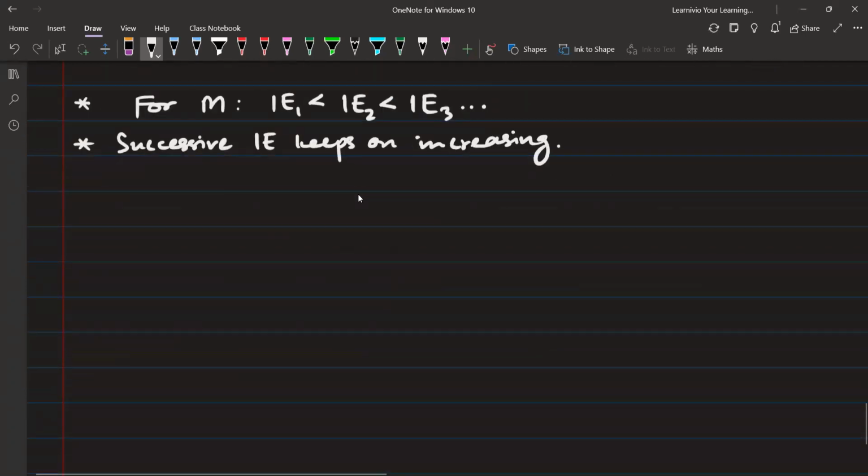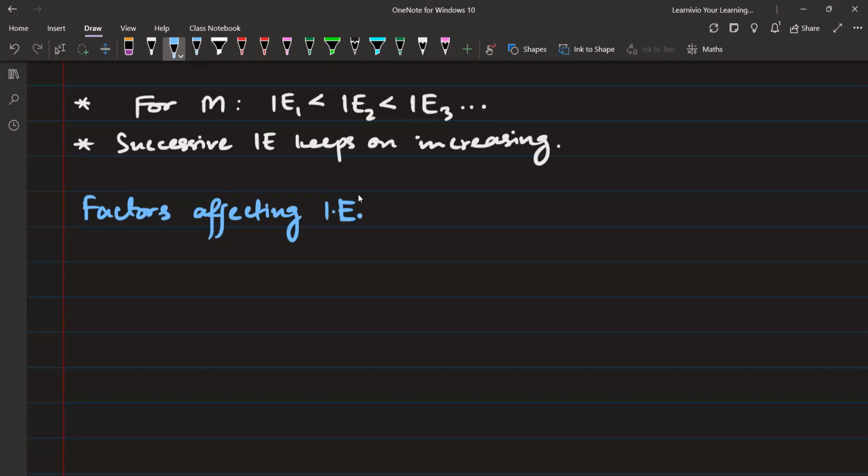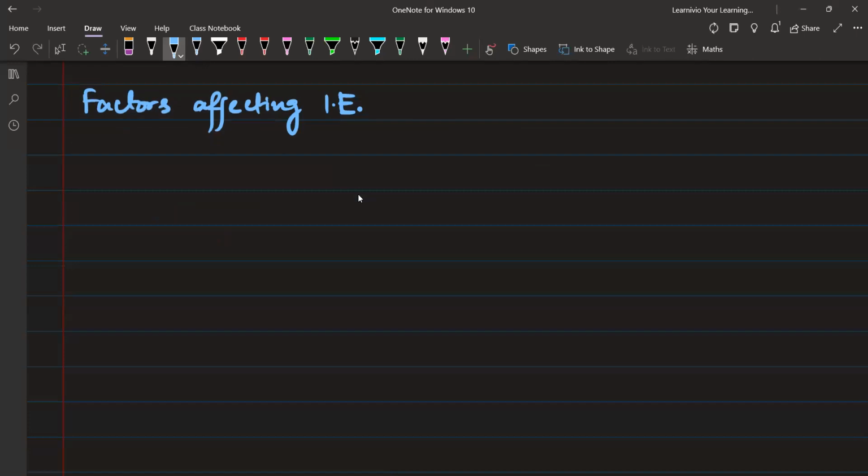So, looking at the factors affecting ionization energy or ionization enthalpy. ठीक है, ध्यान से देखिए. Number one, size of atom. If the size is higher, then what is going to happen?